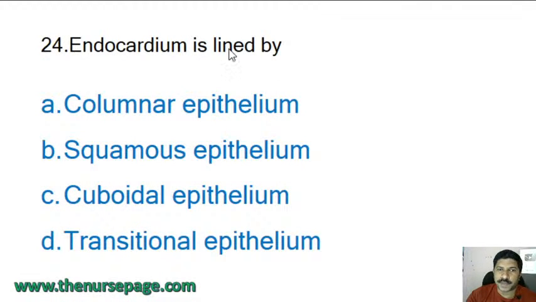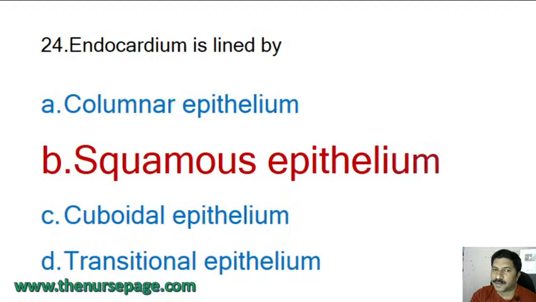Next question. Endocardium is lined by. Yesterday we discussed that the endocardium is lined by epithelial cells. So which kind of epithelial cells? Columnar epithelium, squamous epithelium, cuboidal epithelium, transitional epithelium. That is squamous cell epithelium, also known as endothelial cells.